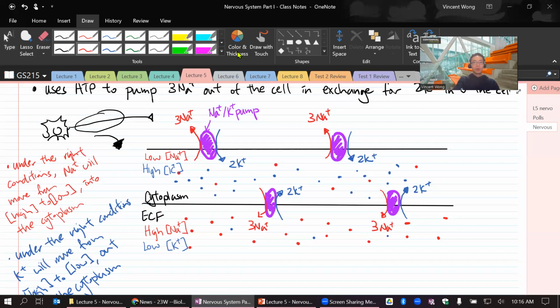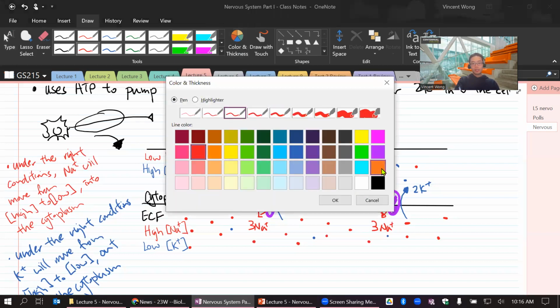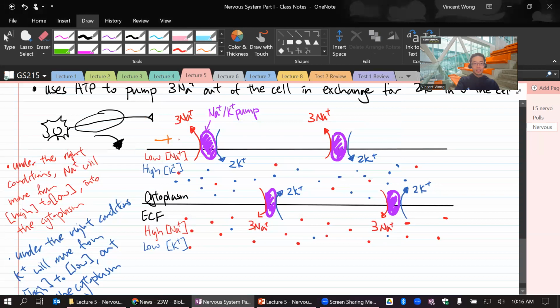So over time, we are going to have more positive charge on the outside. Which means the inside is going to be more negative.